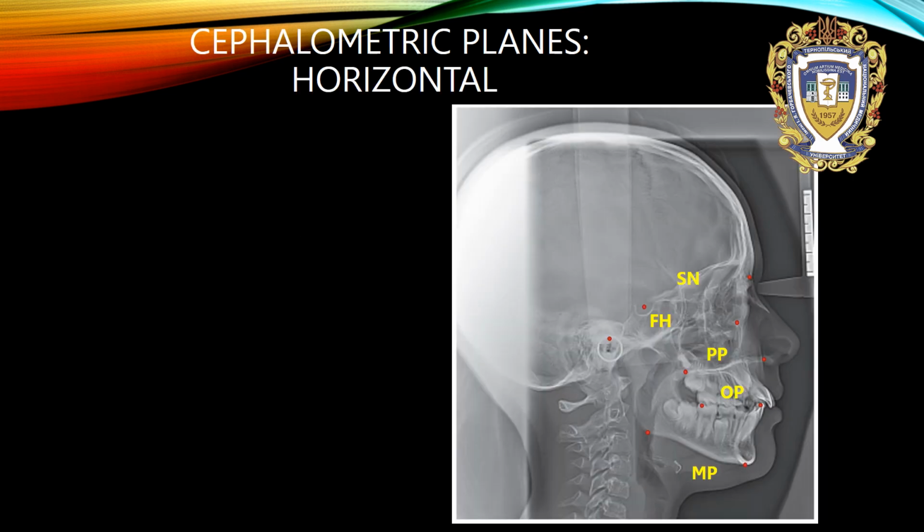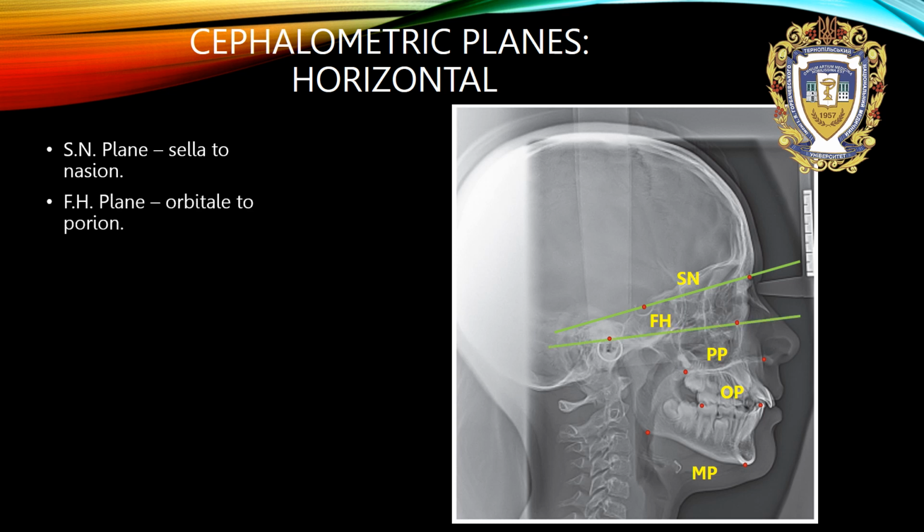Horizontal cephalometric planes. Sella turcica to nasion point, SN plane. Frankfurt horizontal plane, through Porion point and orbitale point.